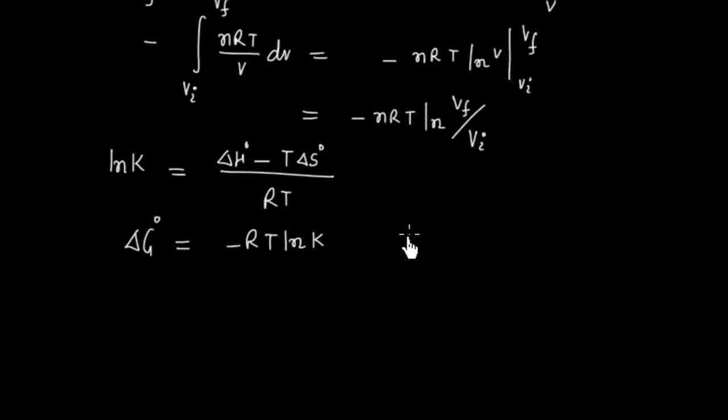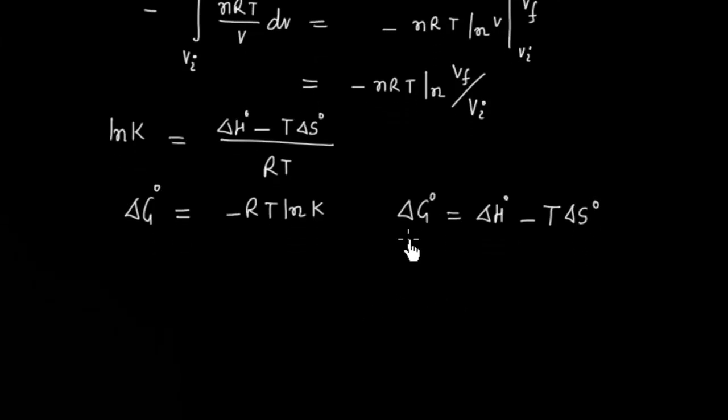But we also know delta G degree equals delta H degree minus T delta S degree, in standard notation. So putting this delta G degree here, from this equation I can write delta H degree minus T delta S degree equals minus RT ln k.